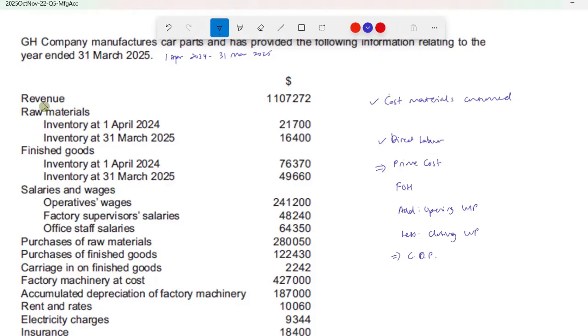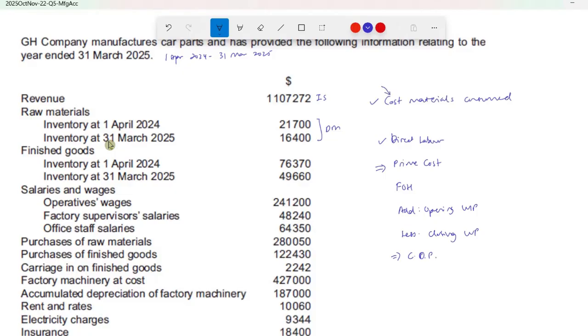So when we look at revenue, we know that this is relating to the trading statement, income statement, right? Inventory, raw materials inventory, opening raw materials and closing raw materials. These will be needed in the manufacturing statement in the direct material section. Cost of material consumed.